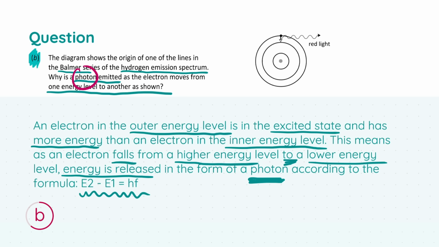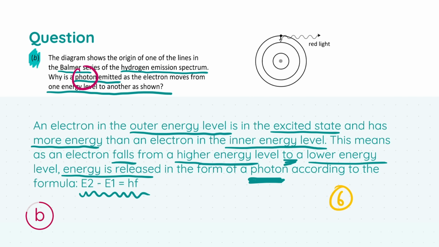You don't really need to explain that, but in this case, just using these key terms, talking about excited state, ground state, falling between them, and energy being released in the form of a photon, and even using this formula as well, will get you most of the marks. In this question, there was a total of 6 marks going, and the breakdown was fairly simple. You got all of the 6 marks for including any of these points that I have here.